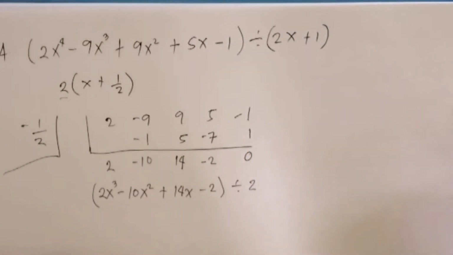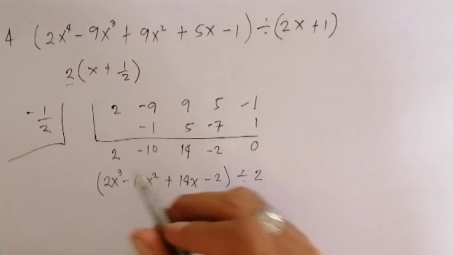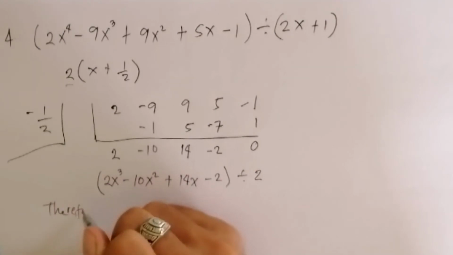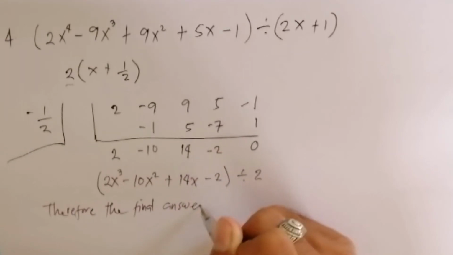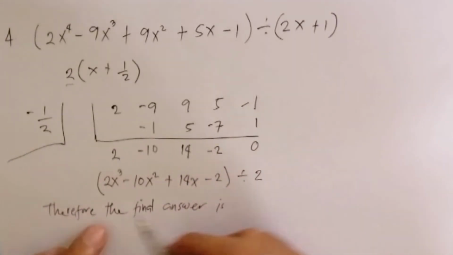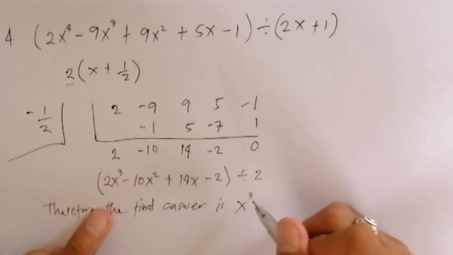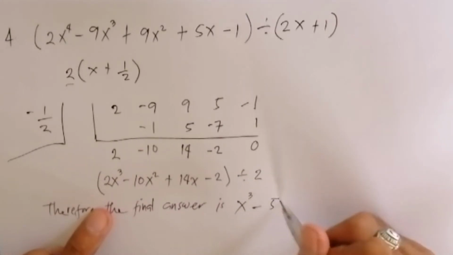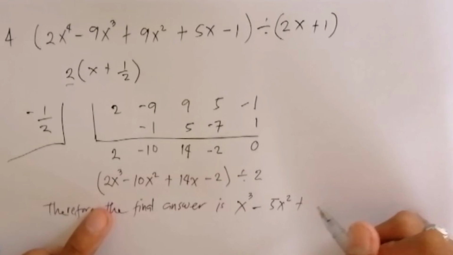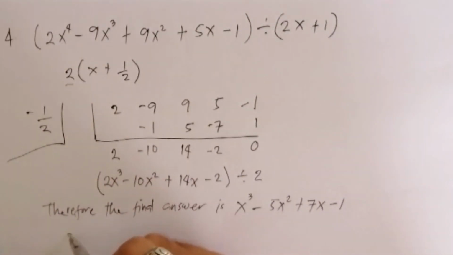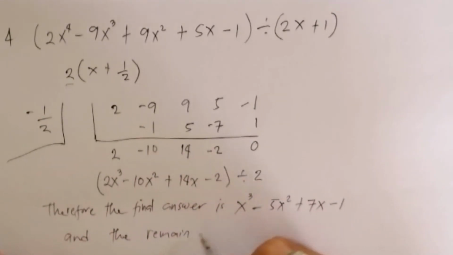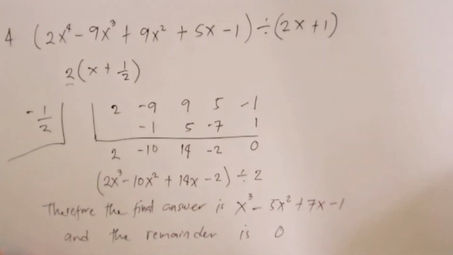So therefore the final answer is x cubed minus 5x squared plus 7x minus 1, and the remainder is 0.